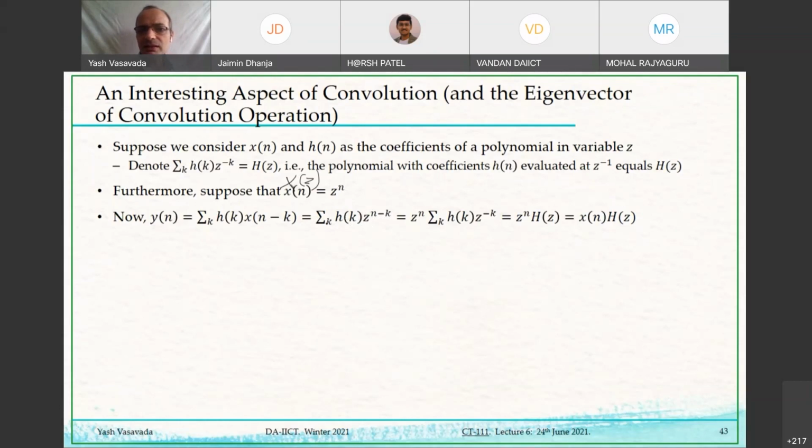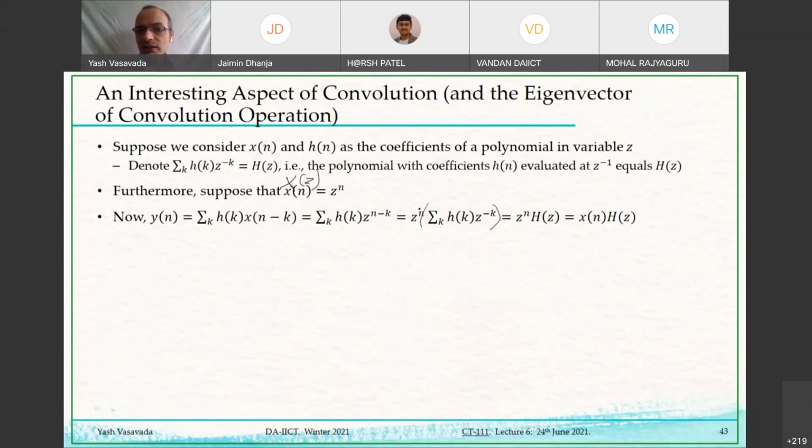It doesn't change with the summation variable k, so I bring it out of the summation, and I get z to the n times this bracket. Inside this bracket, you will see that there is no dependence on the time index n.